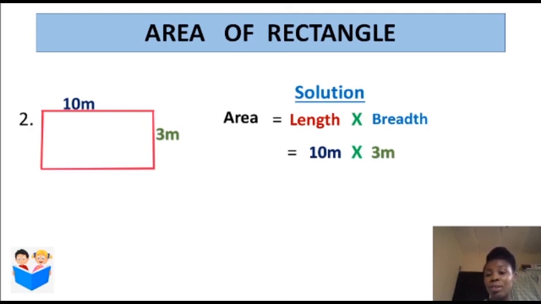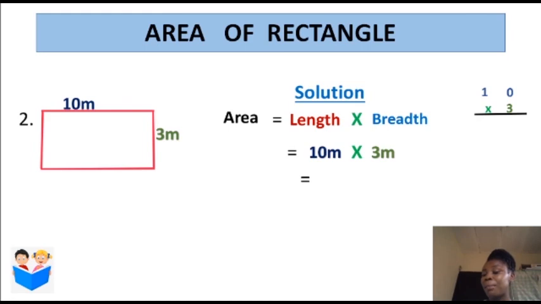We have 2 digits multiplied by 1 digit, multiplication. So let's arrange and solve. 10 times 3. So to multiply this, we start with 3 on the unit side.